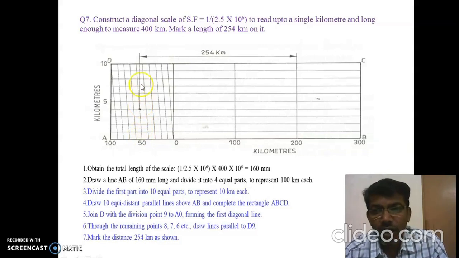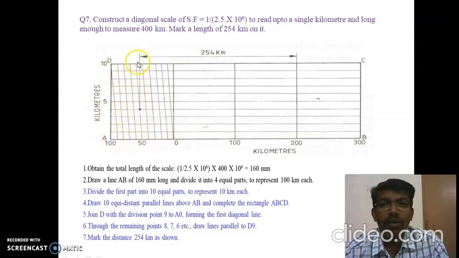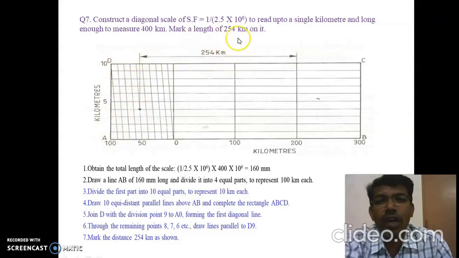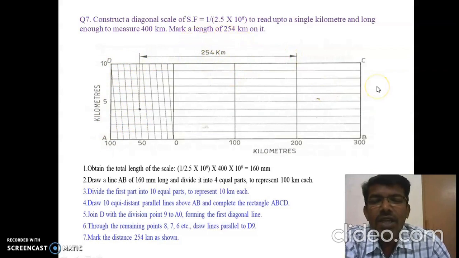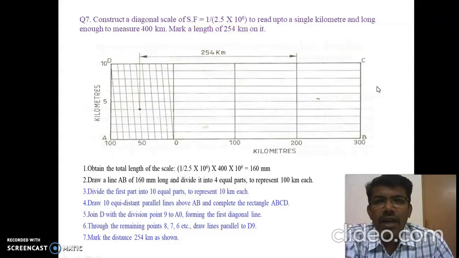If you draw a parallel line to AD, then you will get a length of 254 kilometers on the scale. This is how you are going to represent the distance on the diagonal scale.